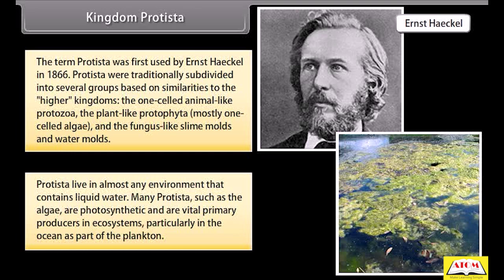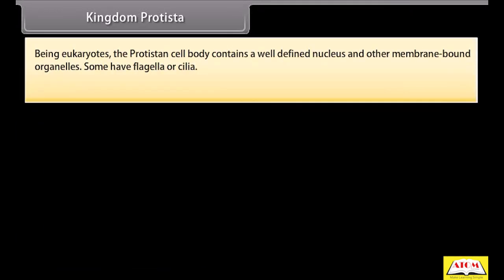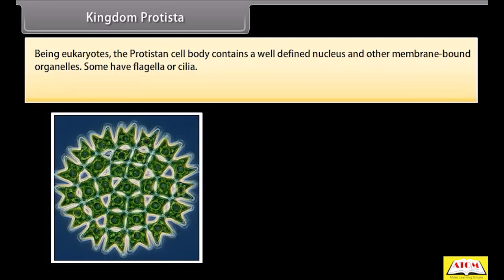Many Protista, such as the algae, are photosynthetic and are vital primary producers in ecosystems, particularly in the ocean as part of the plankton. Being eukaryotes, the protistan cell body contains a well-defined nucleus and other membrane-bound organelles.